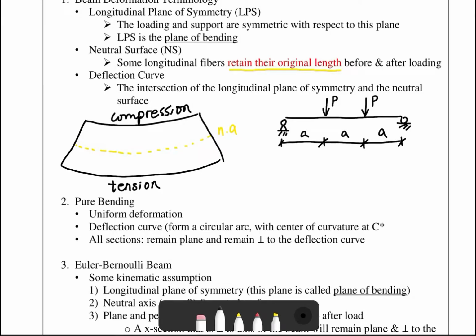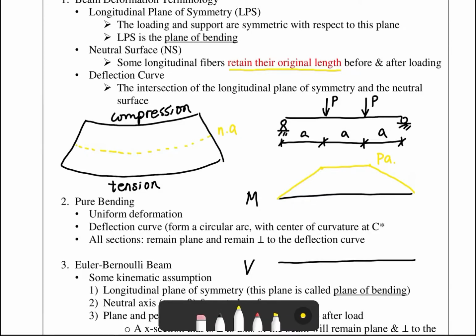So you can see if we plot the moment diagram for this structure here, it will look like that. It would be PA. And why? Because for the shear, we had a P going up and down here, and then we had another P here.